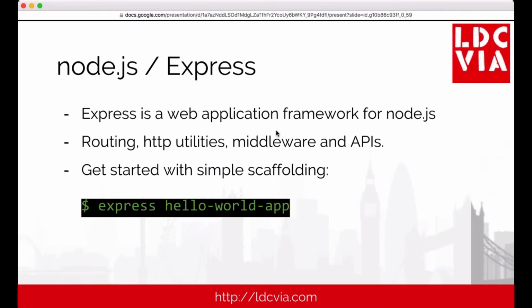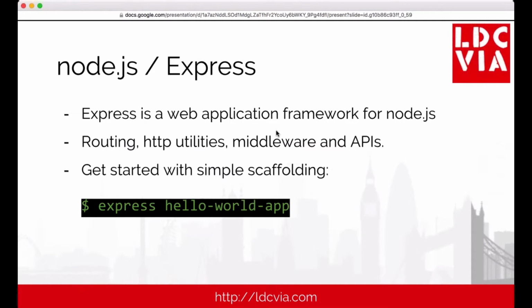There are other web application frameworks out there. There's Socket.io, Koa, Sails, Drywall, and many others. But Sails and Drywall, for example, or certainly Drywall, are actually built on top of Express. So it really is that important to the Node ecosystem.